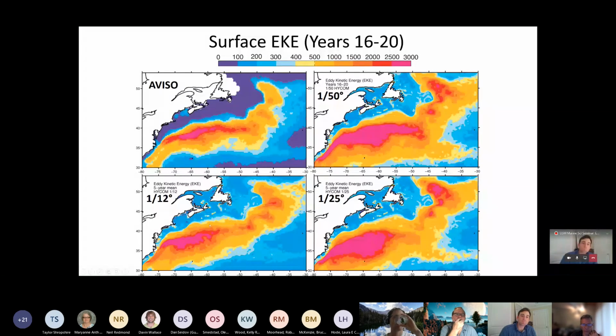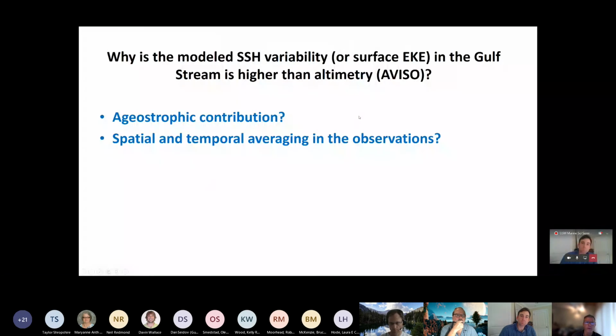So as mentioned before, 1/12 and 1/25 do not agree well with the observations, and the 1/50 looks better, but still is pretty much bigger and larger. So we set out to answer the question: why is the model surface EKE in the Gulf Stream higher than altimetry? Is it just due to contributions that are ageostrophic, or simply because the spatial and temporal averaging in the observations reduces the amount of EKE?